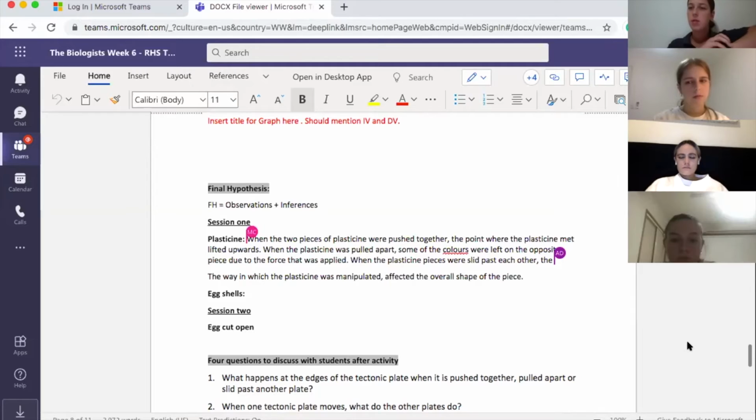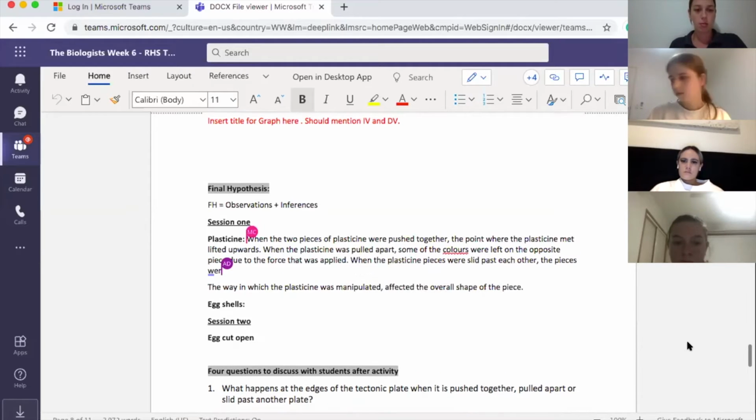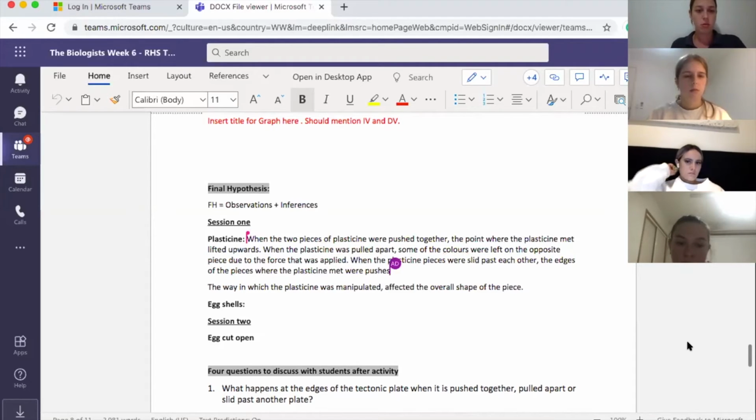What happened when it was slid? The shape moved. It just kind of pushed it forwards, of the force.